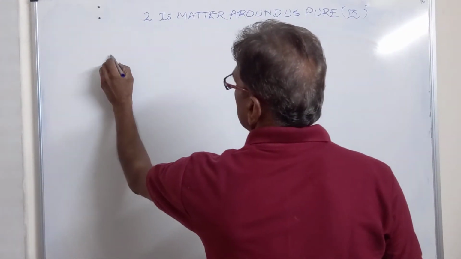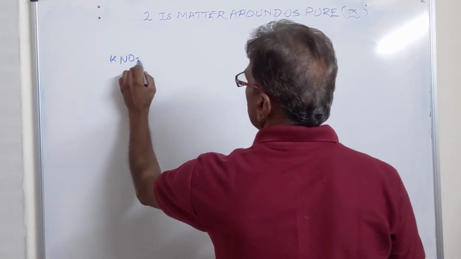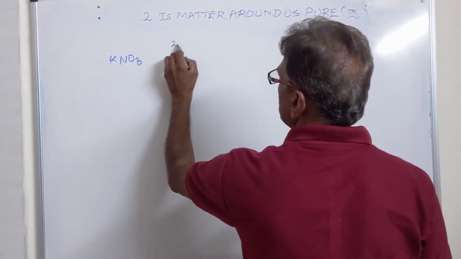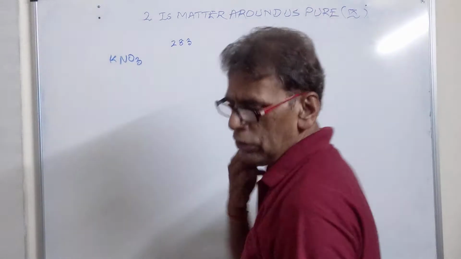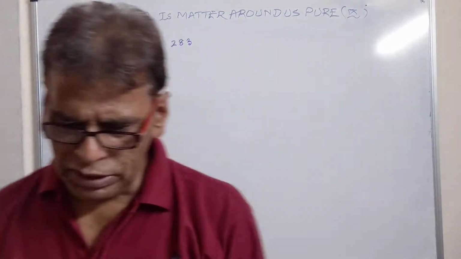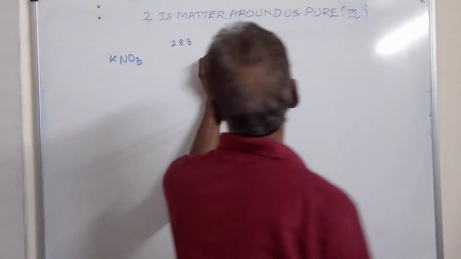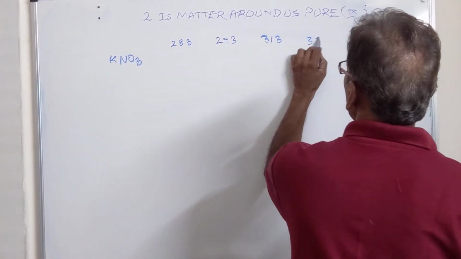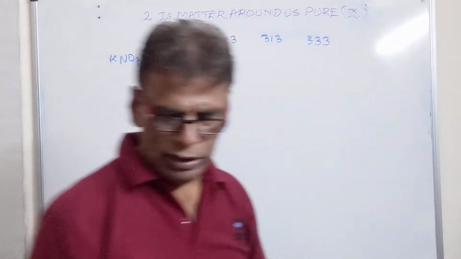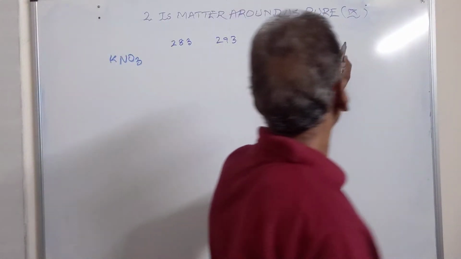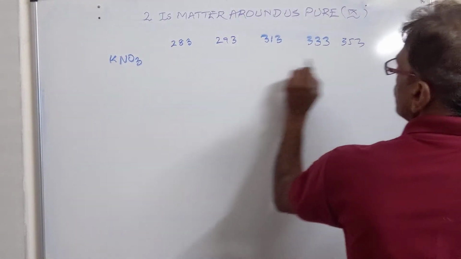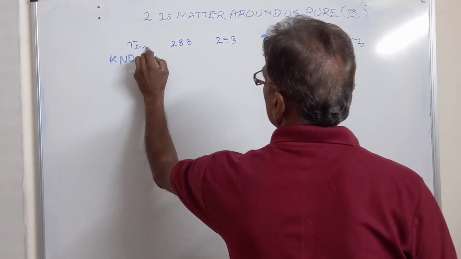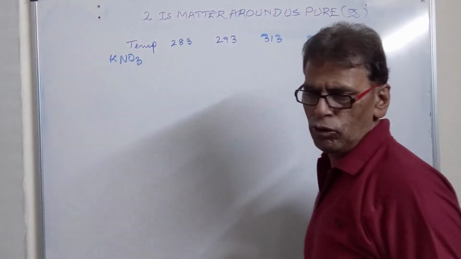So this is first solute KNO3. It is dissolved at different temperatures. First of all, we have the temperatures 283, 293, 313, 333, and we have the temperature 353. So these are the temperatures. Then we see the solubility.